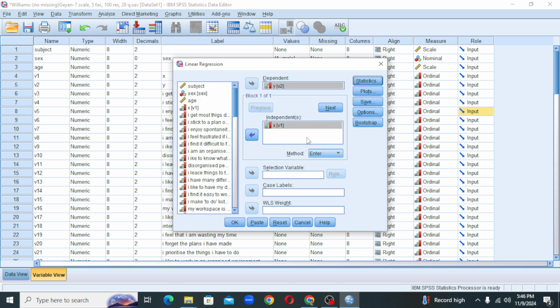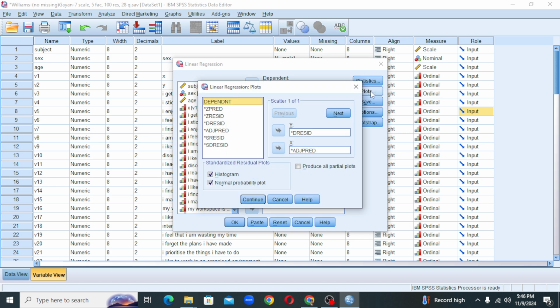Then continue, and under Plots we can request a graph. Under Y we will be selecting residuals, and under X we will be selecting predicted values. Thereafter, in order to check the residual normal distribution, we will be selecting histogram and also normal probability plot. Then press continue.